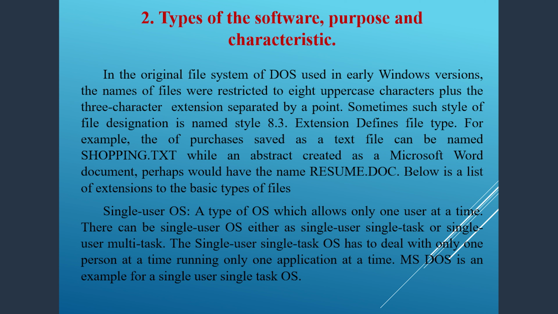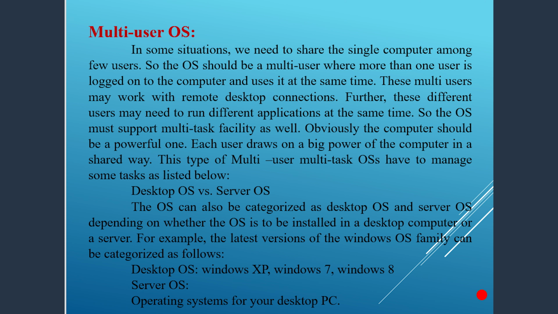And let's talk about purpose and characteristics. In the original file system of DOS, a type of software used in early Windows versions, the names of files were restricted to 8 uppercase characters plus 3 characters separated by a point.